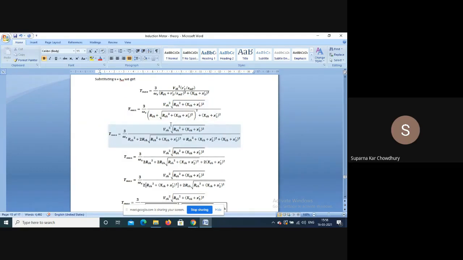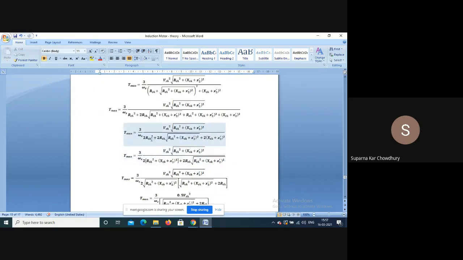Now if we expand the denominator, it will be this quantity square plus 2 into R Thevenin into this quantity, this second one, plus square of this. That means the root over will go, so this will be R Thevenin square plus X Thevenin plus X2 dash square plus this one.